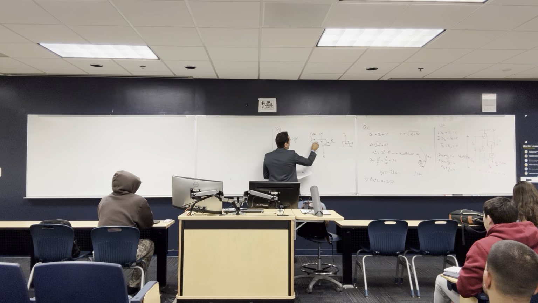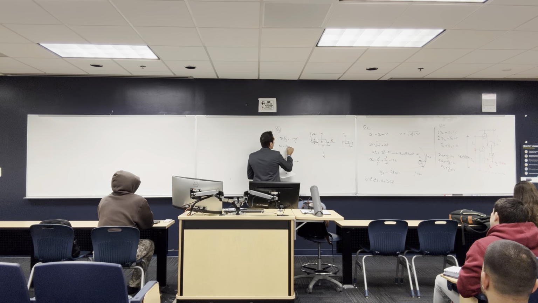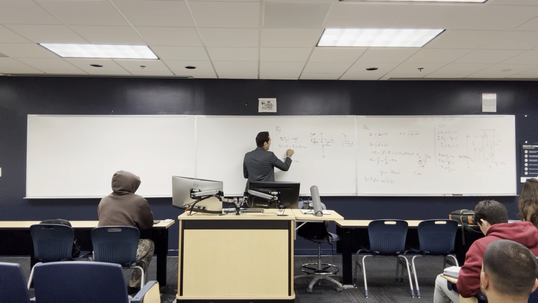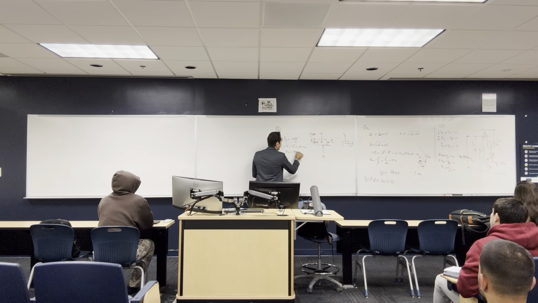If we say this is theta, we are talking about negative F sine theta equal to 0. You are given the weight, I give you the mass, I give you the F, so you will have to get N. Once you get N, you'll find that this is 398.1 Newton.